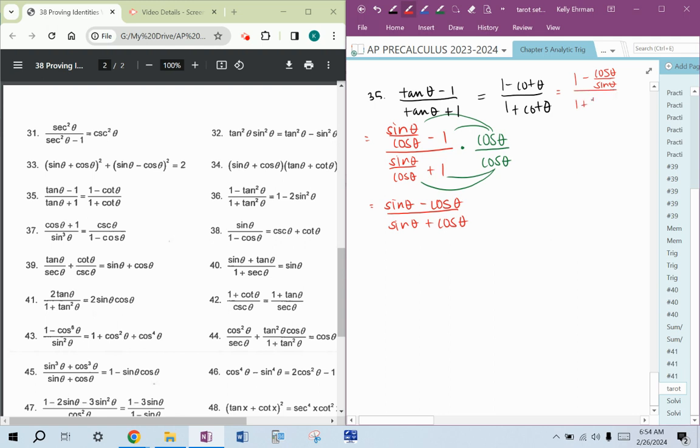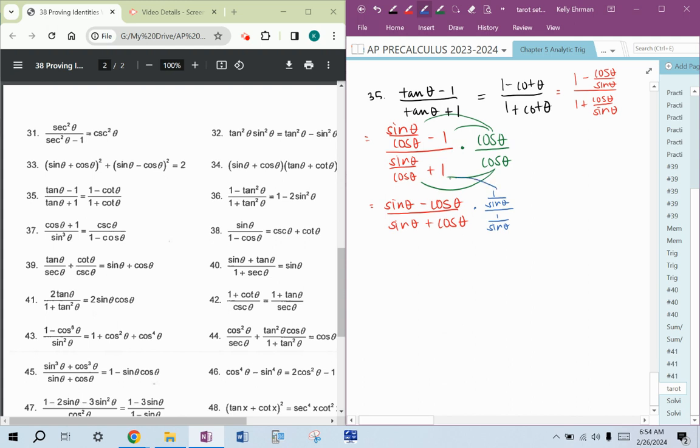And 1 plus cotangent is the same idea. I have a minus cosine and a plus cosine in the position where they should be. I want them to be divided by sine. So make that happen. Multiply by 1 over sine, top and bottom. Or you could say divide by sine, however you want to think of that.